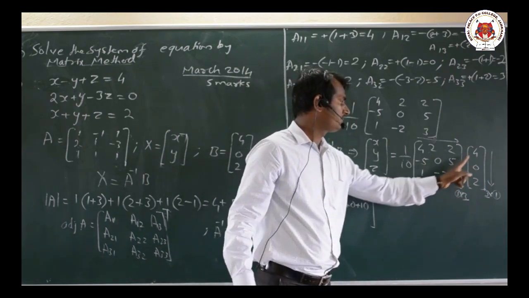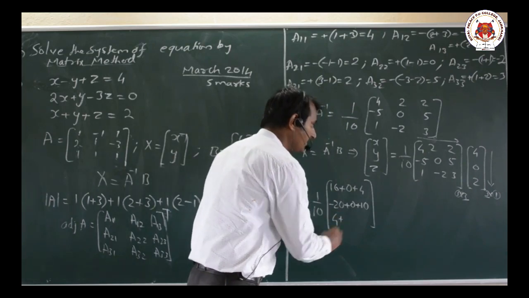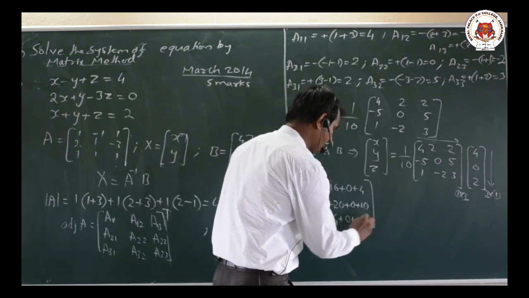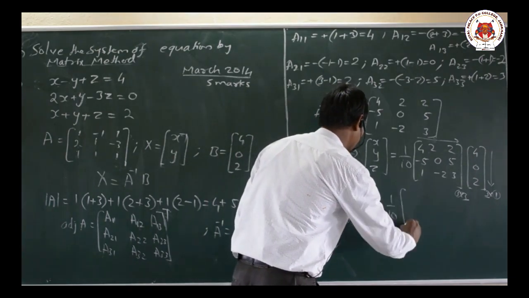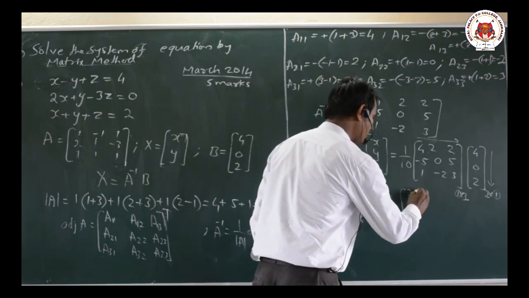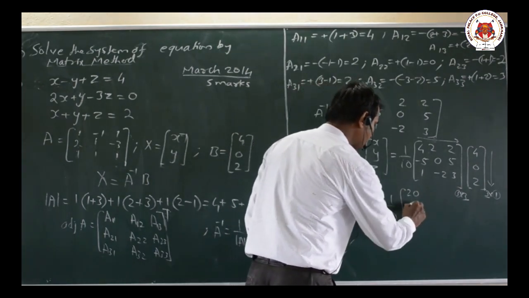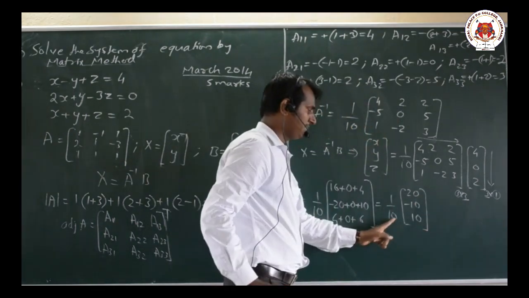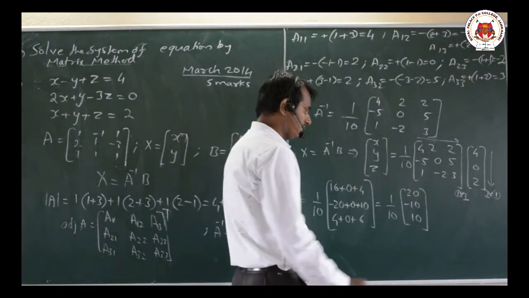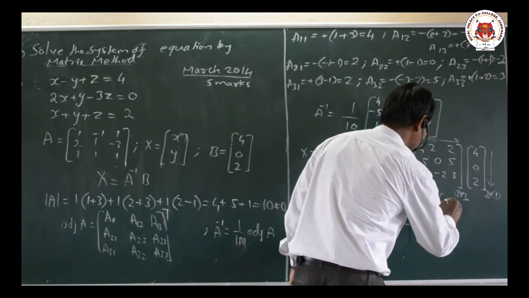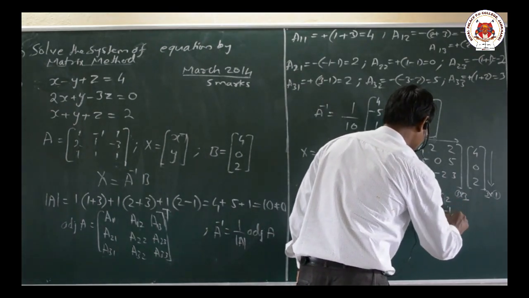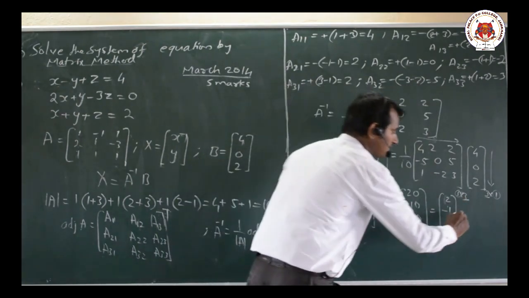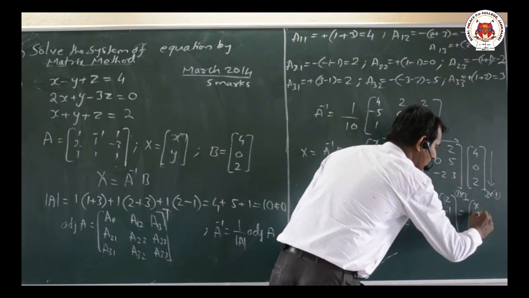Next one, 1 4s are 4, then plus minus 2 into 0, 0, and next we have 3 2s are 6. So what we get here, 1 by 10 into 16 plus 4, 20, minus 20 plus 10, the value is minus 10, 4 plus 6 value will be 10. Now you can multiply by 10 to each and every element. So what we get here is 2, minus 1, 1.